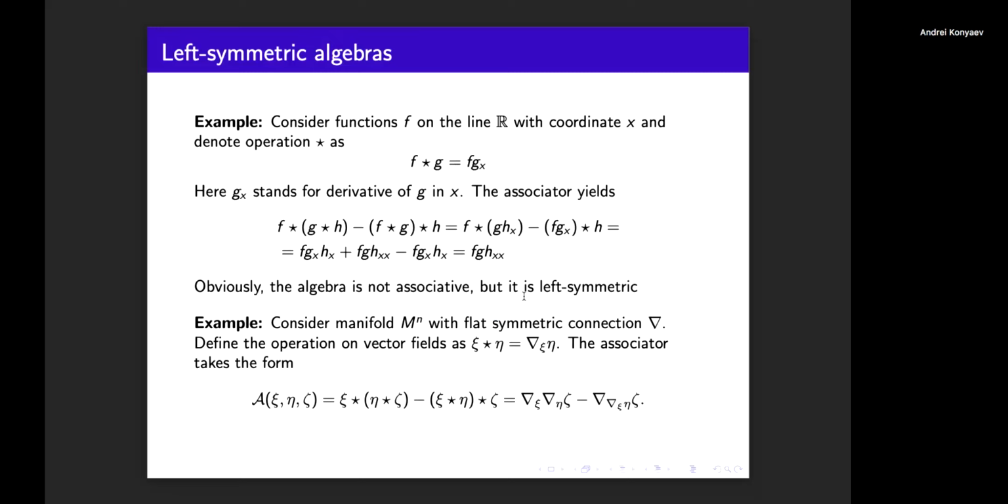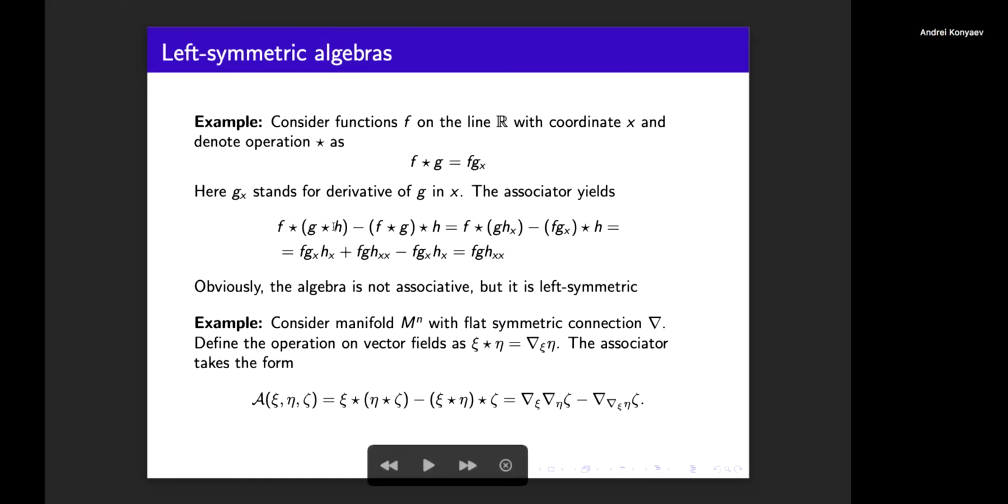For example, this one. If you consider a pair of functions, then you can define a multiplication which goes like this. You take f and g and you multiply f not by g, but by the derivative of g in x. With this operation you still get a function. Now you can do the calculation of the associator straight ahead.